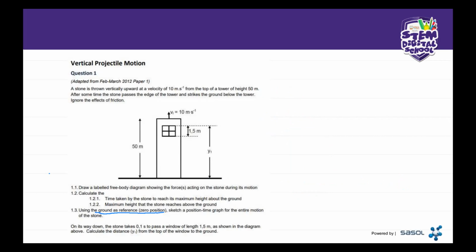Okay, so now we're moving on. They say here, on its way down, the stone takes 0.1 second to pass a window of a length 1.5. Okay, so from here to here, it's our 0.1 second.